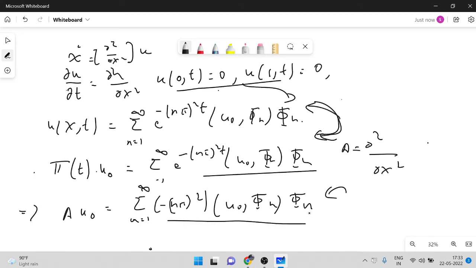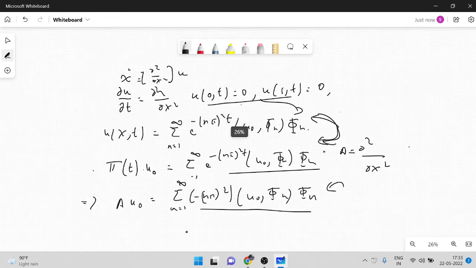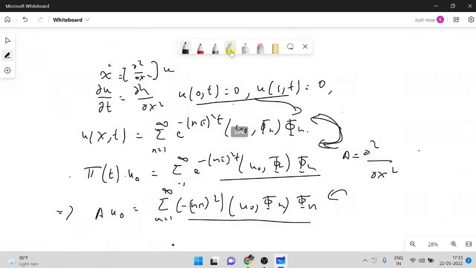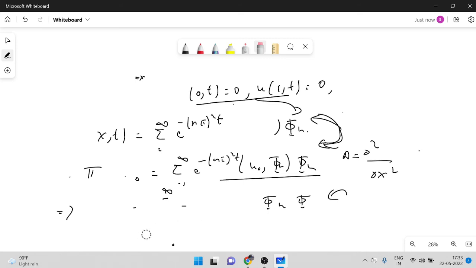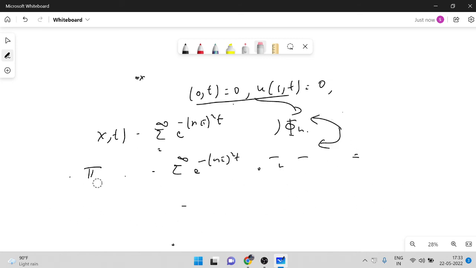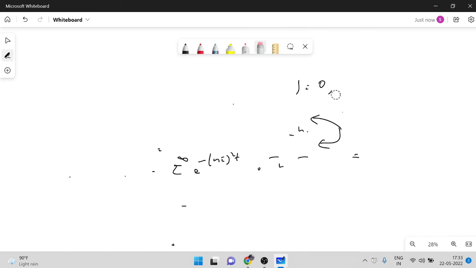So you can write your double derivative operator as a sum of infinite functions. So this is like a magical moment.